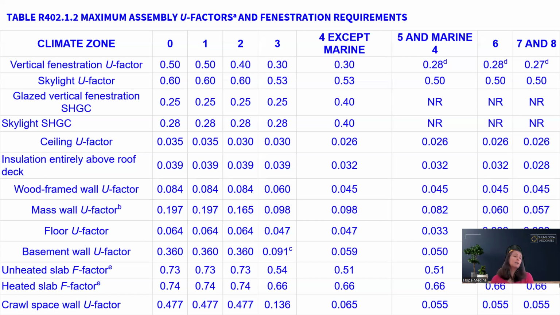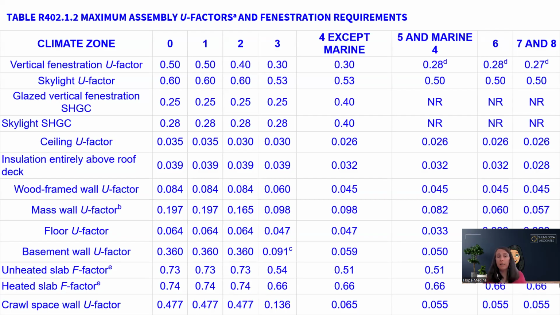Now, while we're talking about the residential side of things, we do have to remember that our 2s, our 3s, and our 4s that are 3 stories or less have to follow these particular provisions. So while you might not find in Colorado a lot of insulation entirely above the roof deck, as far as quote unquote single family homes or even townhomes, when you start looking beyond those single family homes, that's when you're going to see insulation entirely above roof deck.